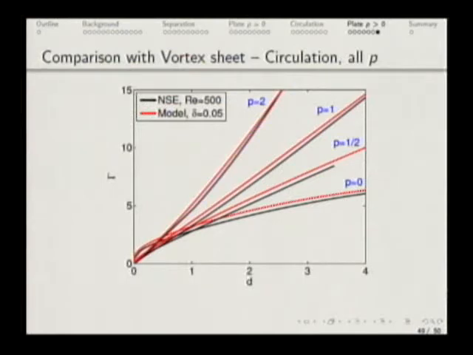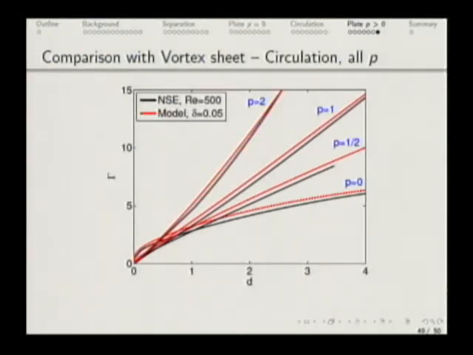This is a comparison of the circulation for all p for fixed Reynolds number and fixed smoothing parameter. And here is the case I was looking at before, where I got this very good agreement at time 5. And you see that there is a 5% difference across here.